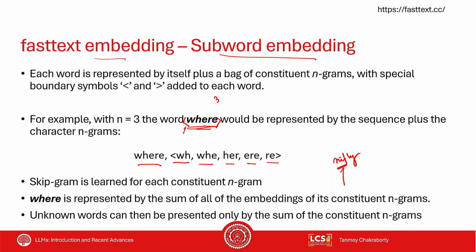So I will take the subword embedding of NIF, the subword embedding of IFT, the subword embedding of FTY, and of course the angle brackets, and I will sum them up. So this is the idea of fastText.